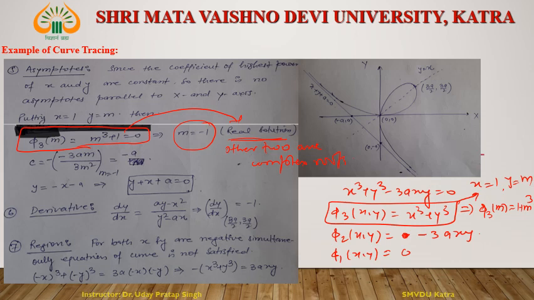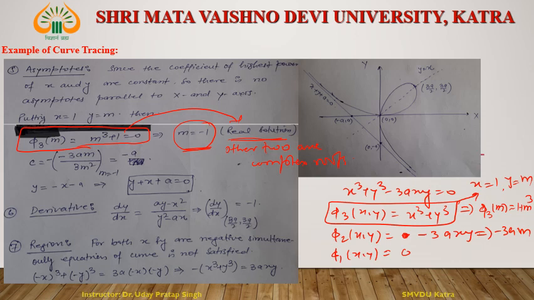We are interested only in the real asymptotes, not imaginary asymptotes. Then m is equal to minus 1 is the real solution. Corresponding to this, what is c? C is equal to minus phi 2 of m over phi 3 dash of m, where phi 2 is minus 3a with x as 1 and y as m, that is minus 3am, right?